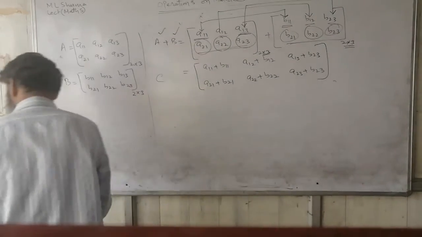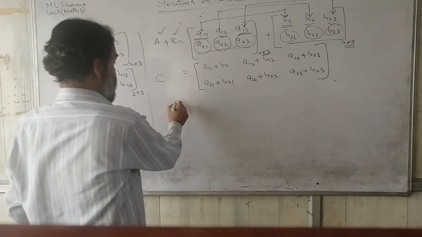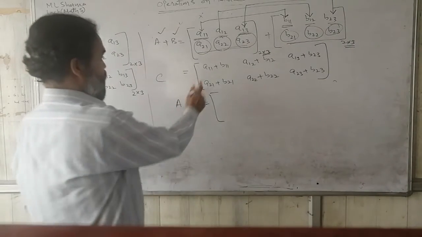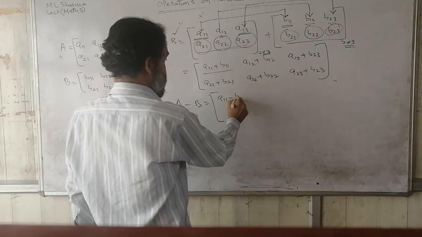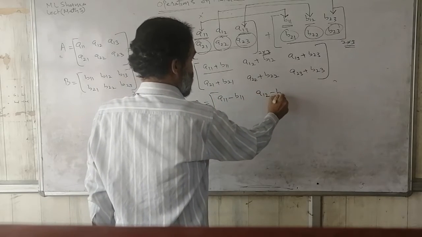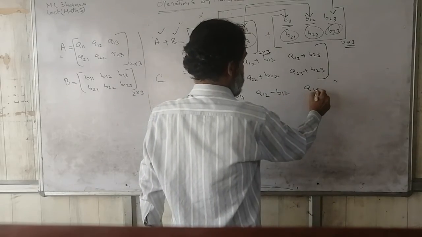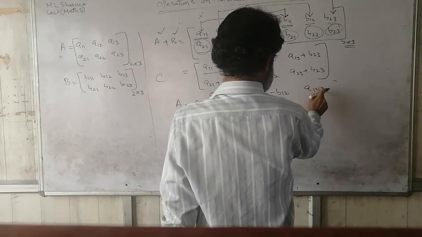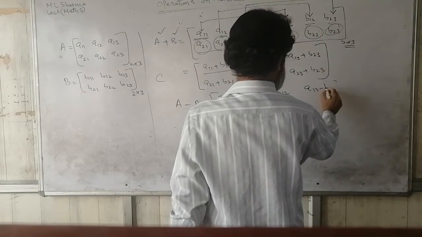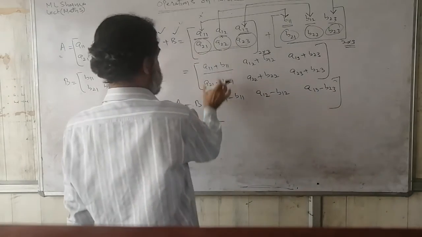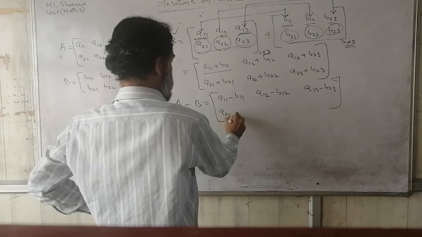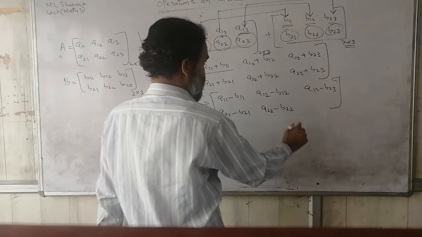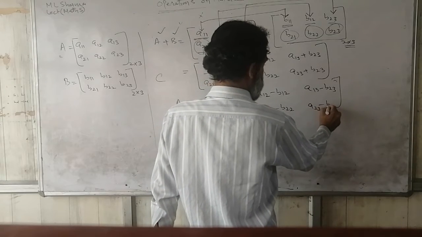So I can write the same matrices A and B. If I have to subtract them, A11 minus B11, A12 minus B12, A13 minus B13. Same way here A21 minus B21, A22 minus B22, and A23 minus B23.